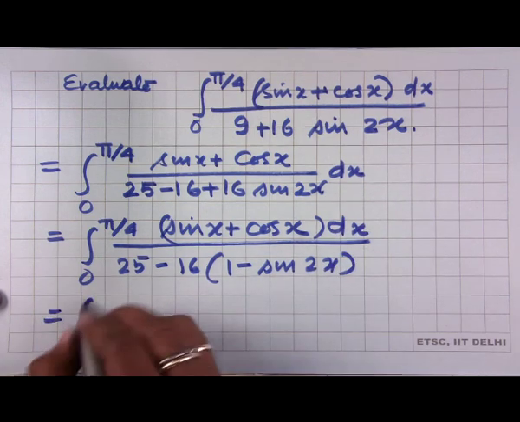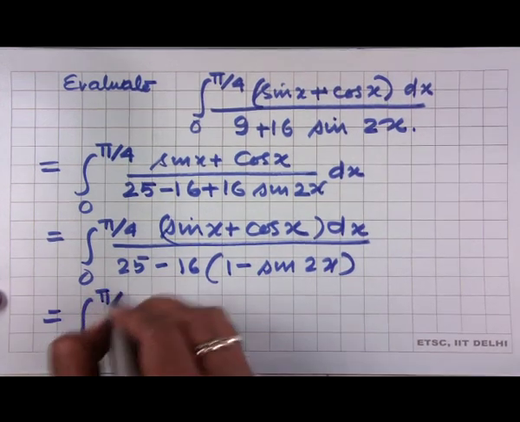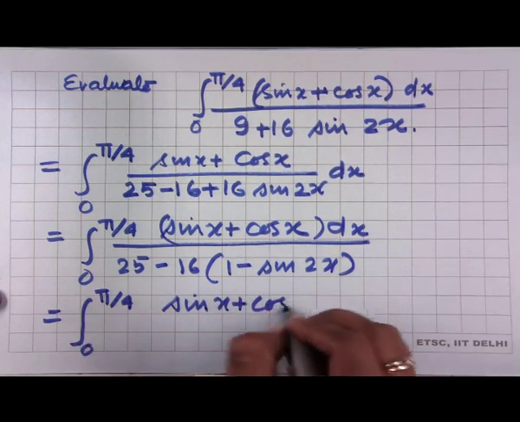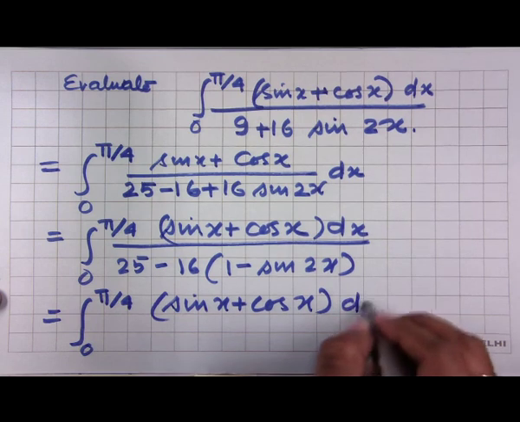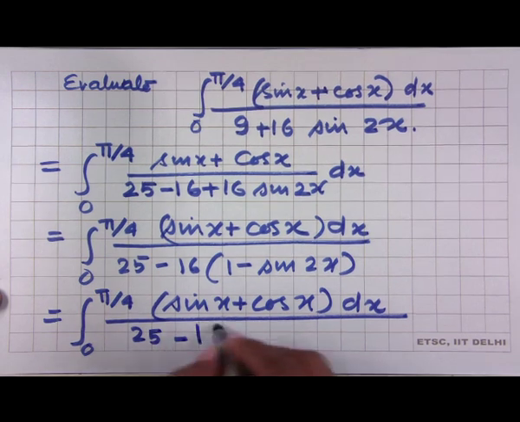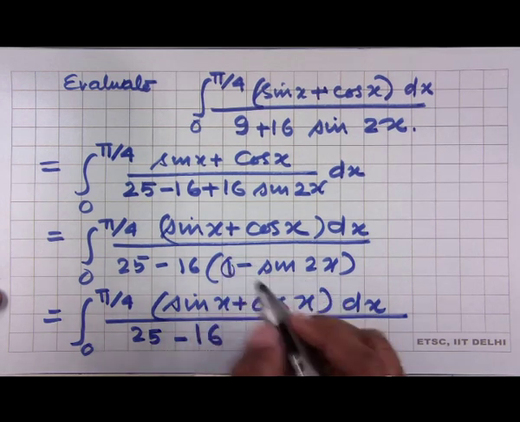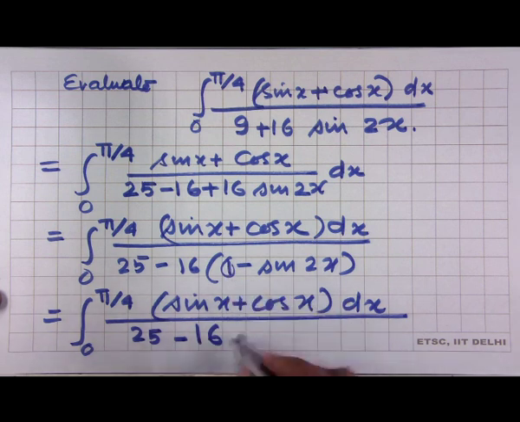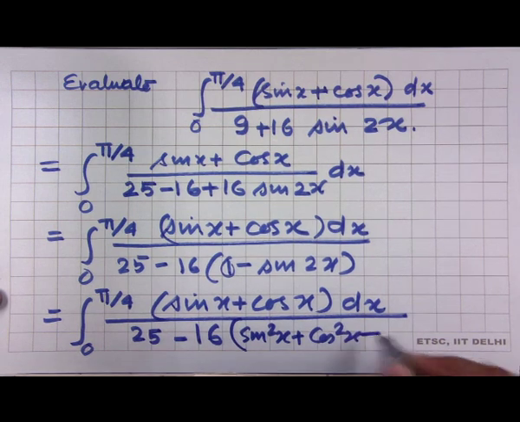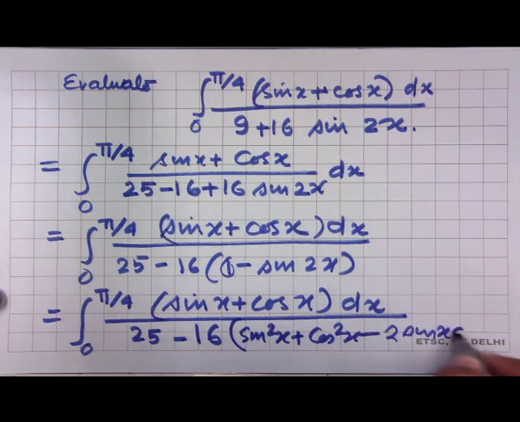This we can write as 0 to pi by 4 sin x plus cos x dx by 25 minus 16. 1 you can replace by sin square x plus cos square x, minus 2 sin x cos x.